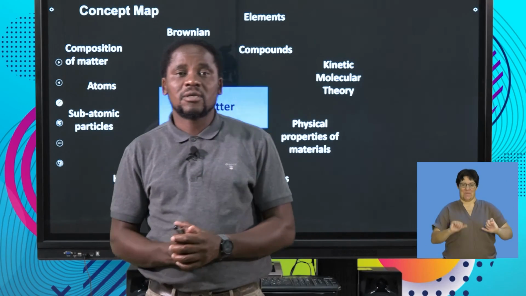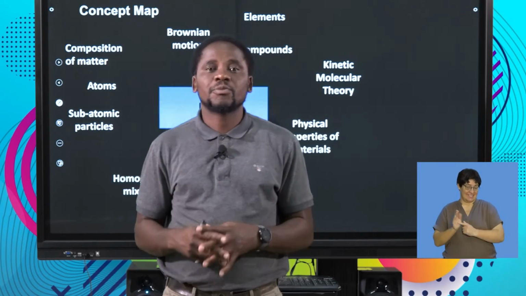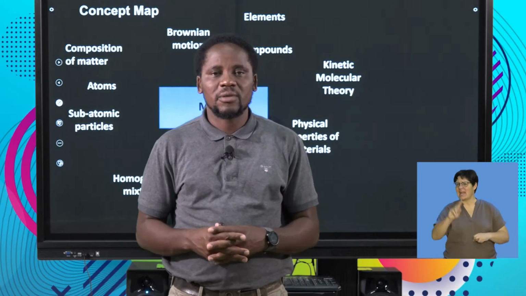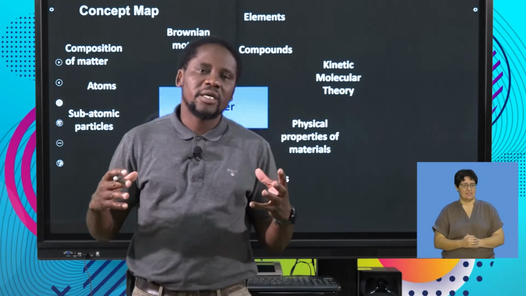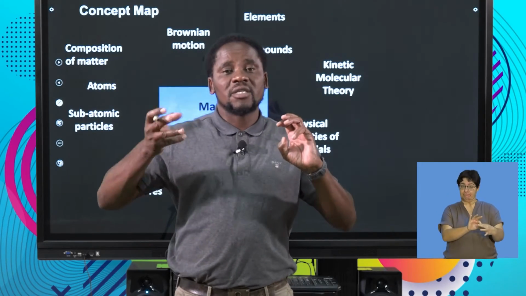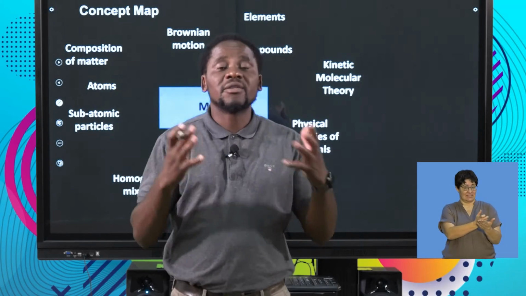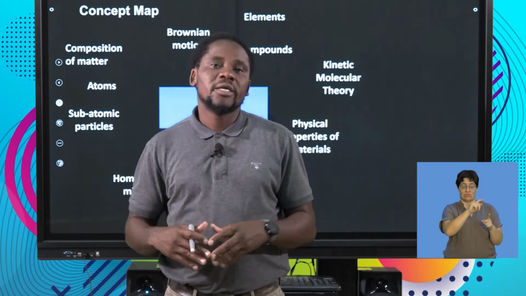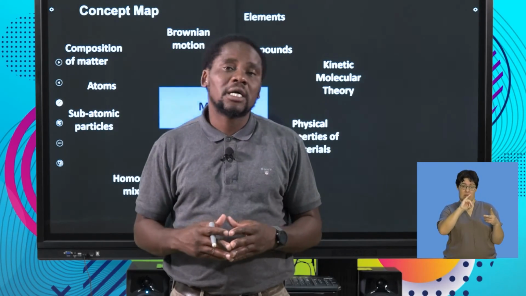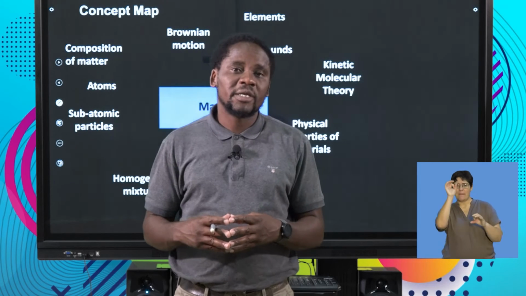Welcome back to our third and final segment. We're still exploring the kinetic molecular theory, but we also want to try and link the evidence brought forward by diffusion as well as Brownian motion in describing the particle nature of matter, right?